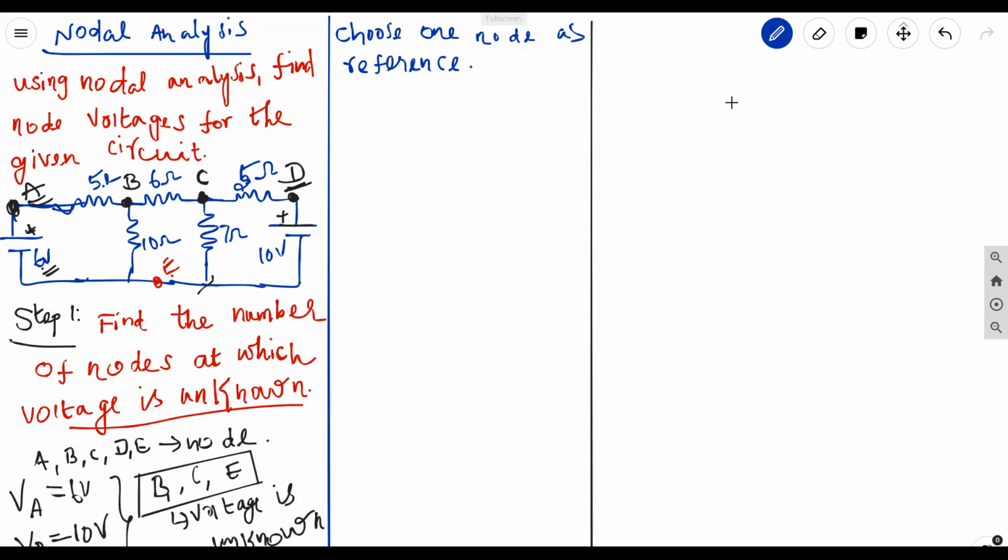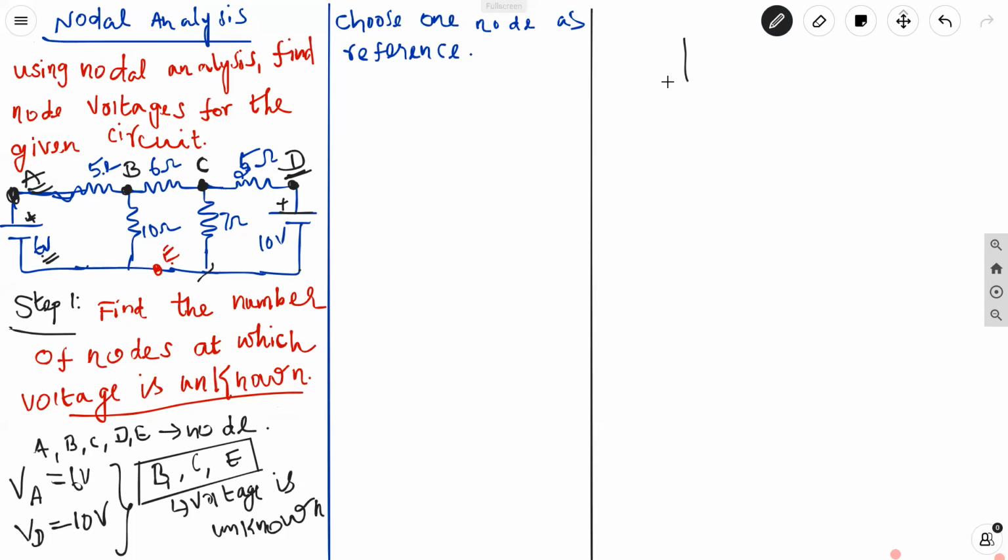The general symbol we use to represent the ground terminal is like this. Okay, this is the symbol for the ground terminal. Please note this down. And always the ground voltage is 0 volt. The potential at ground is 0.